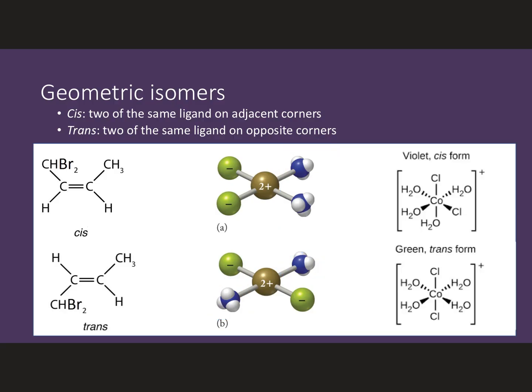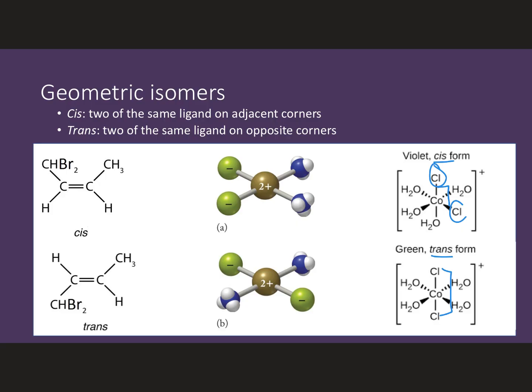We can also get cis and trans forms for octahedral complexes. In this case, here I've got two chlorines that are at 90 degrees to each other versus 180 degrees. 180 is where we'll call trans. The 90 degree in this case is where we'll call the cis. That's kind of the same side in this case. And what's really fun about this in inorganic chemistry is they can have wildly different properties.